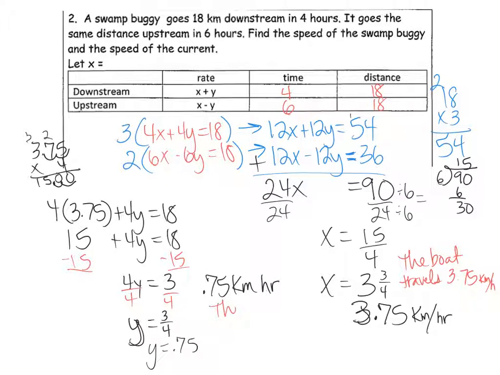The current doesn't really travel, the current moves 0.75 kilometers an hour. Think about a swamp. Is a swamp like a roaring rapid river? No, a swamp is barely moving.